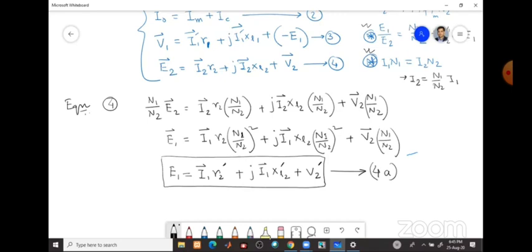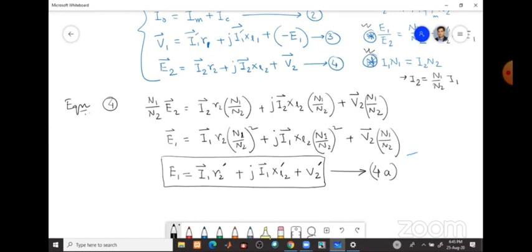So every step we have done in modifying this equation is mathematically correct. We don't know what the change in the physical circuit is. We have done all these modifications mathematically, and we have exploited our previous knowledge on transformers.